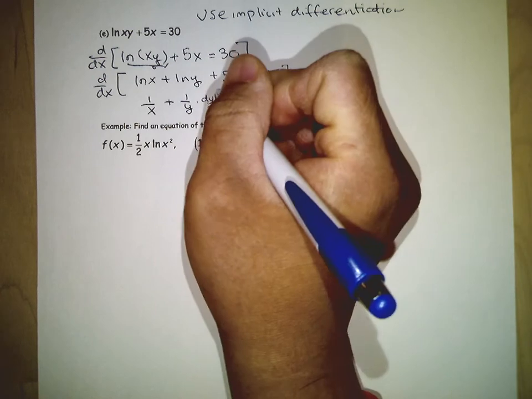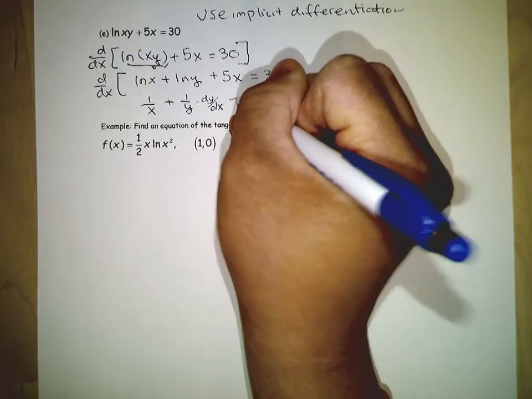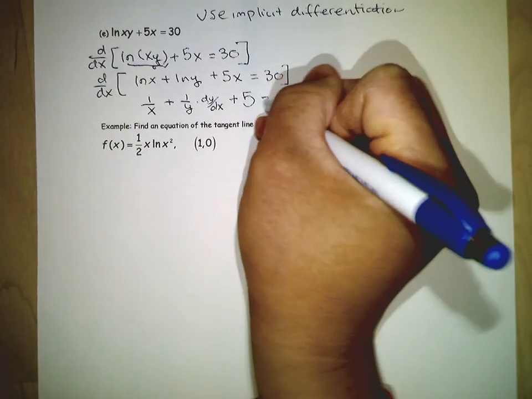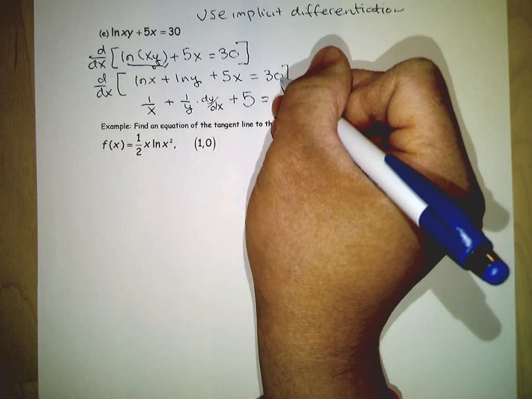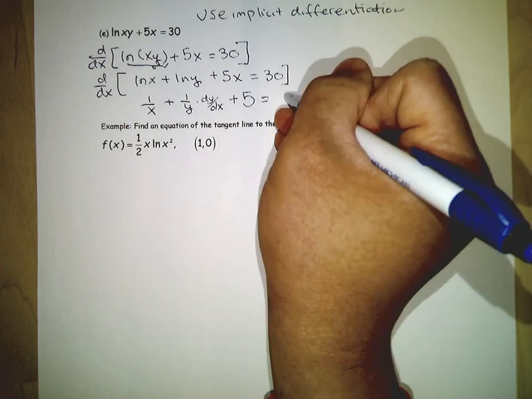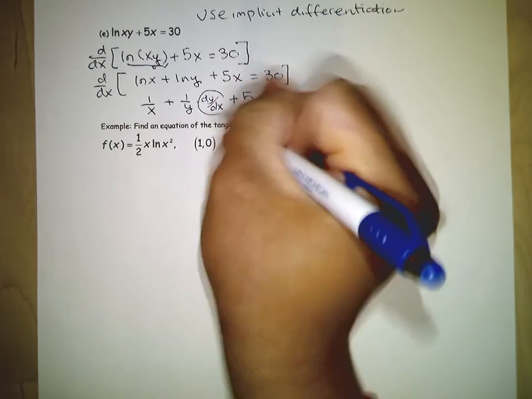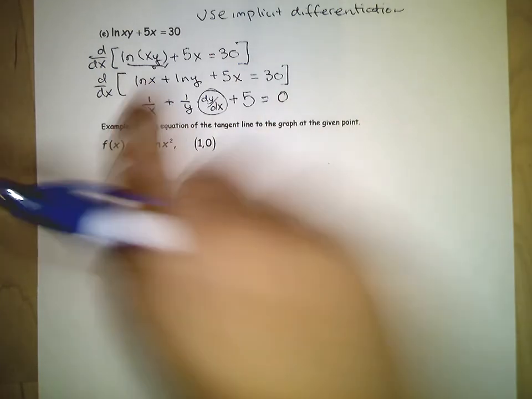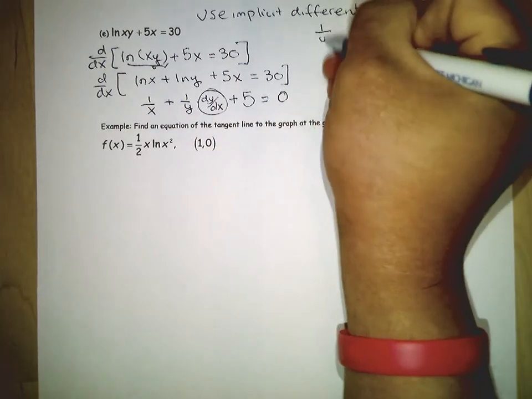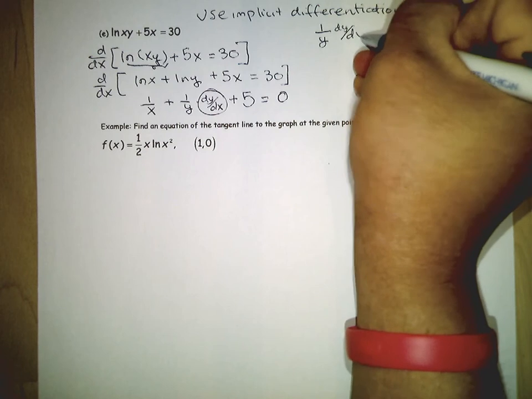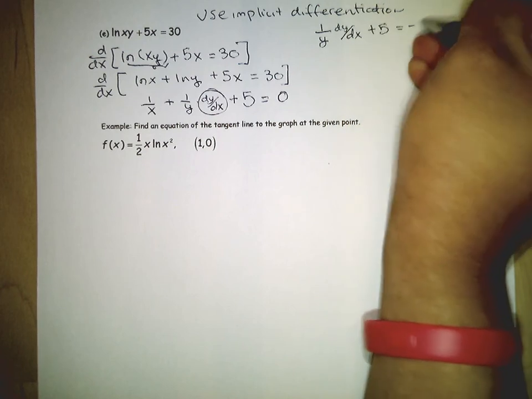All right, the derivative with respect to x of 5x is 5, and the derivative with respect to x of 30 is 0. So now I need to solve for dy dx, so I'll subtract the 1 over x to get 1 over y dy dx plus 5 is negative 1 over x.